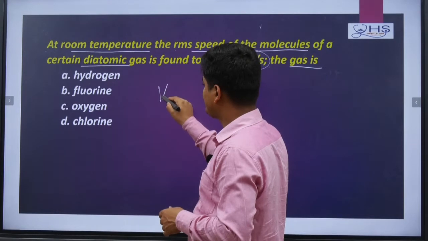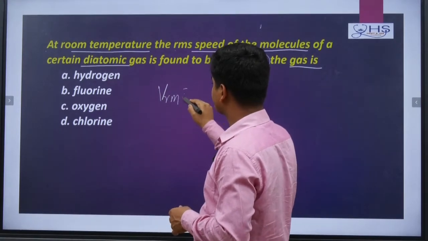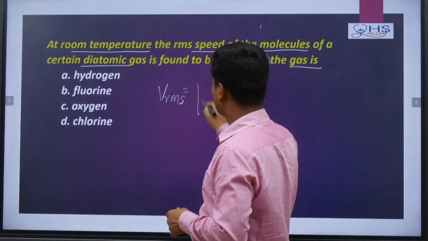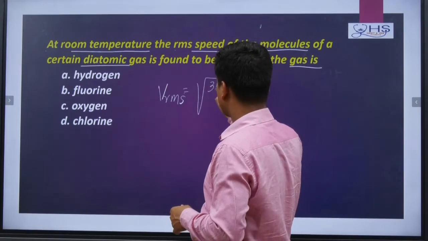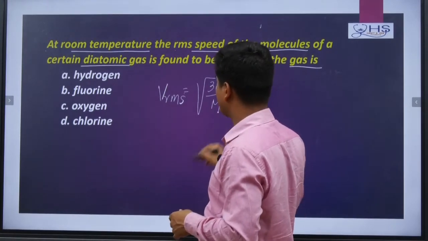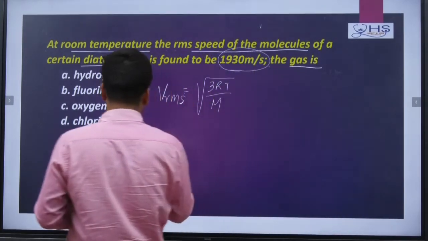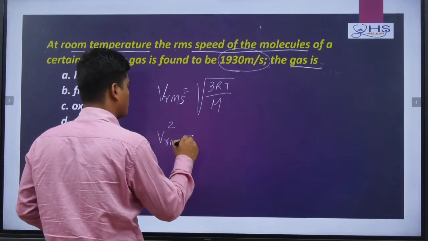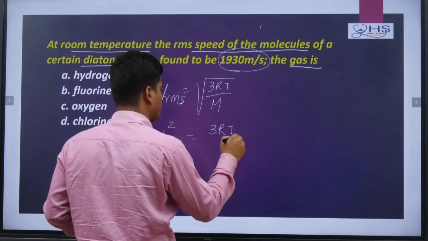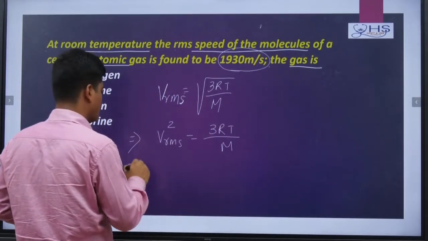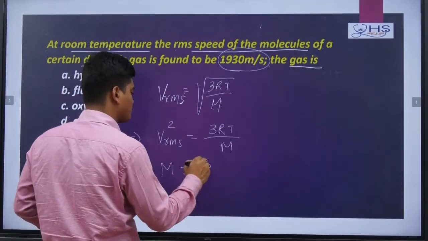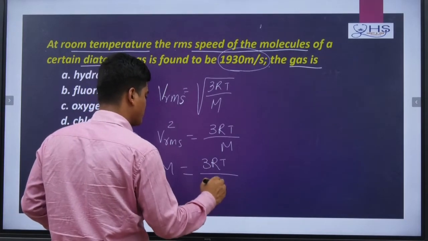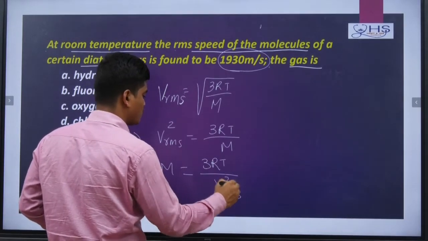You can write V RMS equals root under 3RT by M. If I square both sides, I get V RMS square equals 3RT by M. Now from here, M equals 3RT by V RMS square.